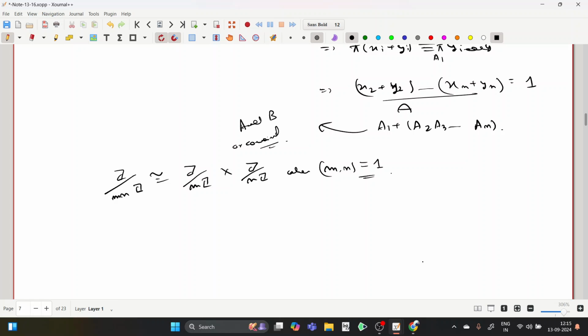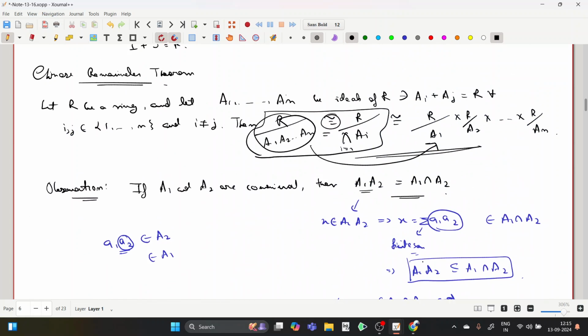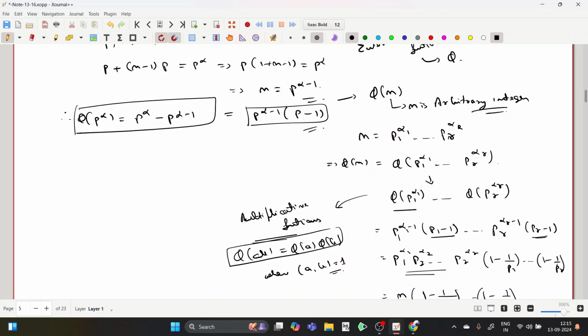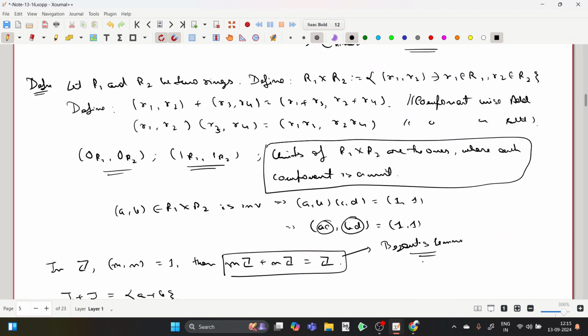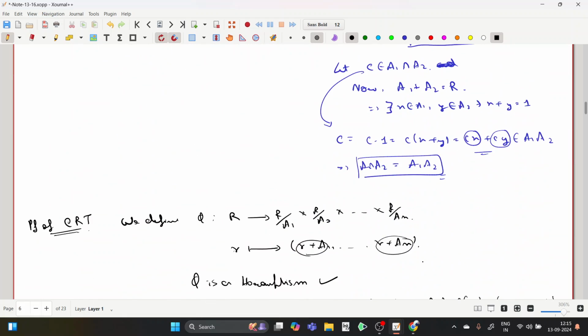One more thing to observe, with the thing which I said when I started this discussion. Let me just go back once, where I talked about the units of the direct product. Yeah. So, units of R1 plus R2 are the ones where each component is a unit.